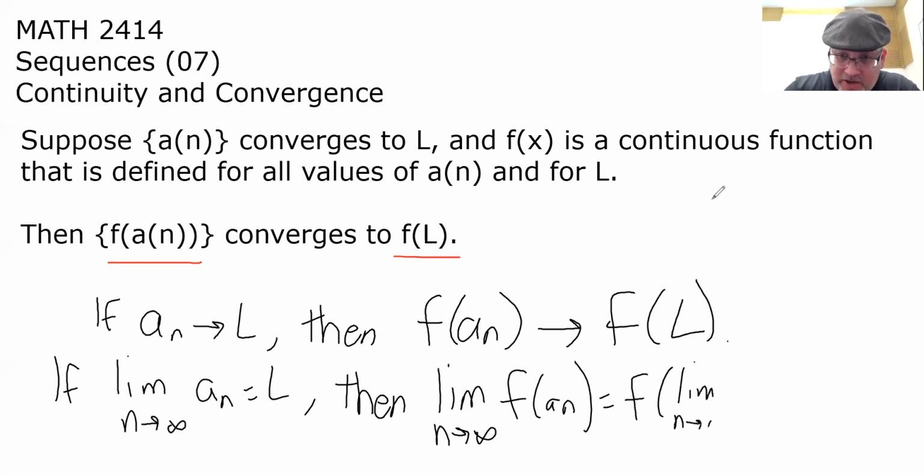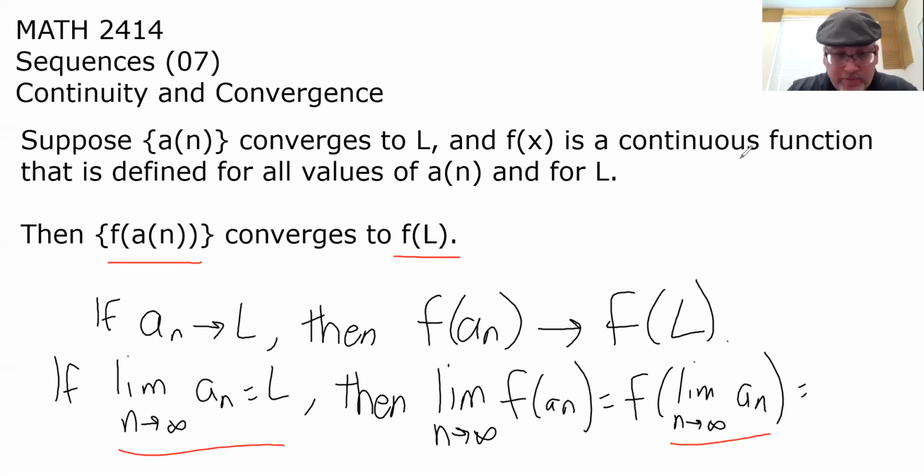That's the gist of continuity. Limits can go inside continuous functions, but we already said at the beginning that this limit is equal to L, so we can replace the inside of that with L. And that's all it's saying.